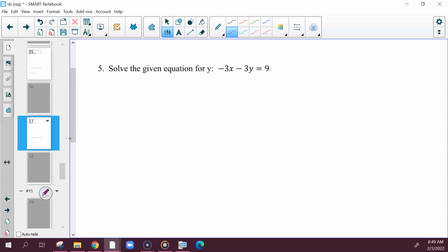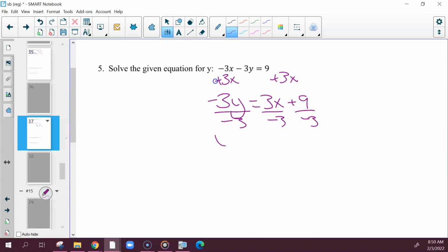So for this one, you needed to solve this for y, so add 3x to the other side, change the order, and divide everything by negative. We have y equals negative x minus 3. Questions on that one?